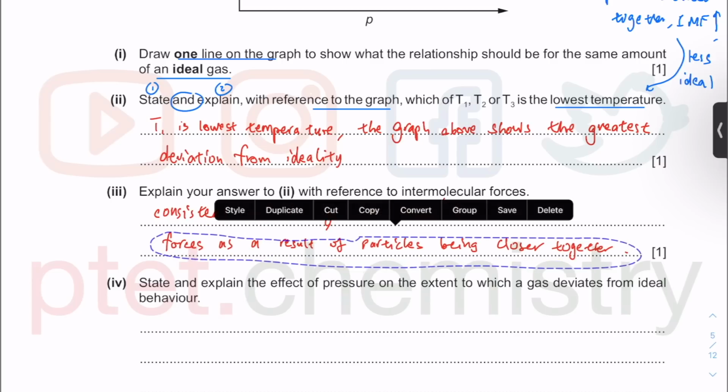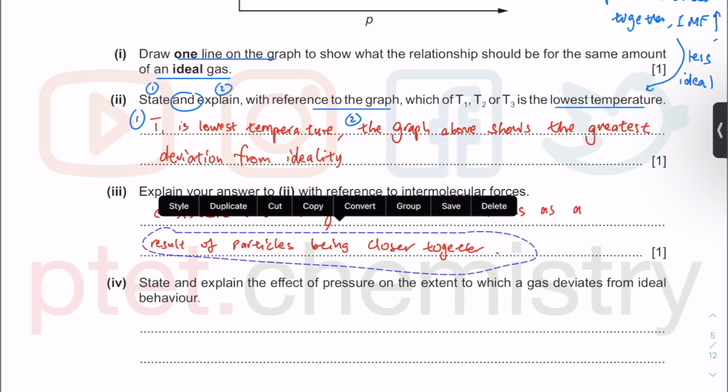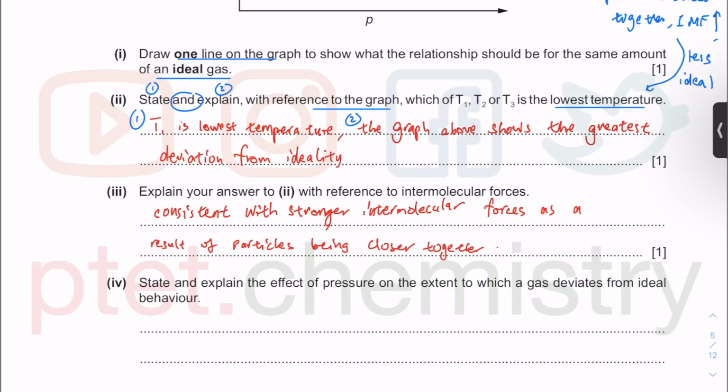You put your answer in one part and then you don't really have the chance to write in the next part again. In the previous question, there was just the greatest deviation from ideality, I guess, because the next bit is talking about the intermolecular forces, as a result of the particles being closer together at lower temperature.